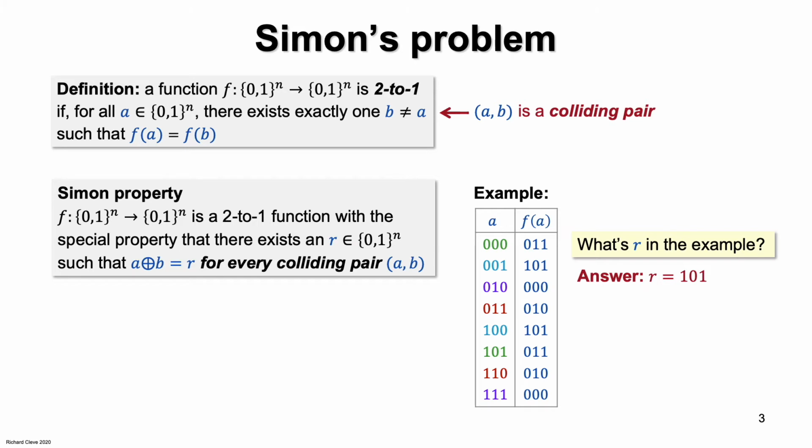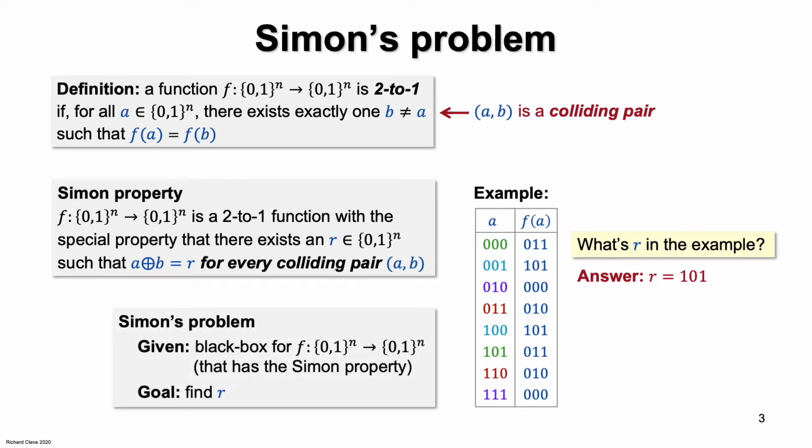Now we can define Simon's problem. What you are given is a black box for a function from n bits to n bits, and it is promised that this function is 2-to-1 and satisfies the Simon property. But you don't know anything else about the function.